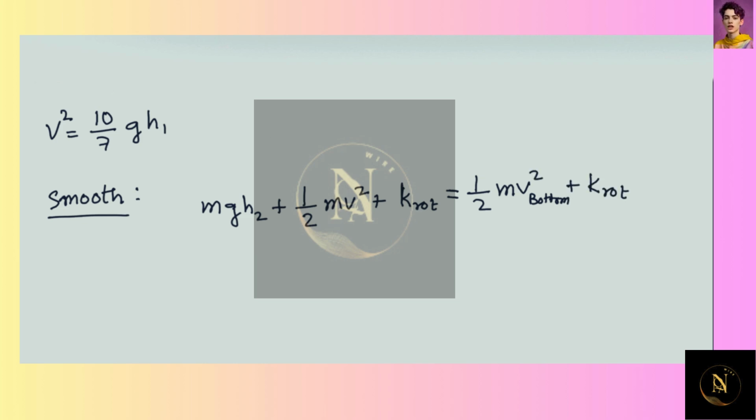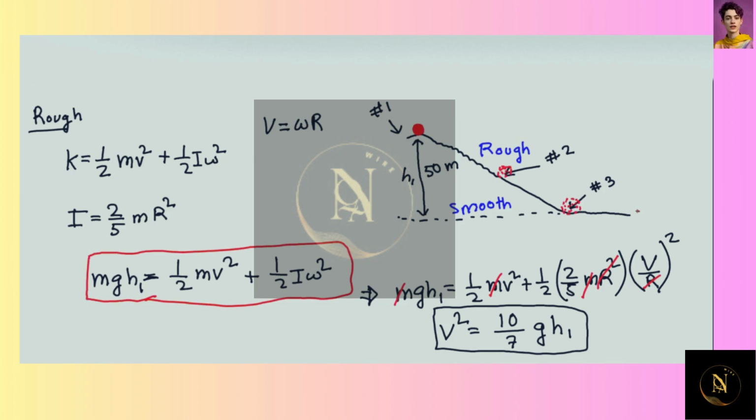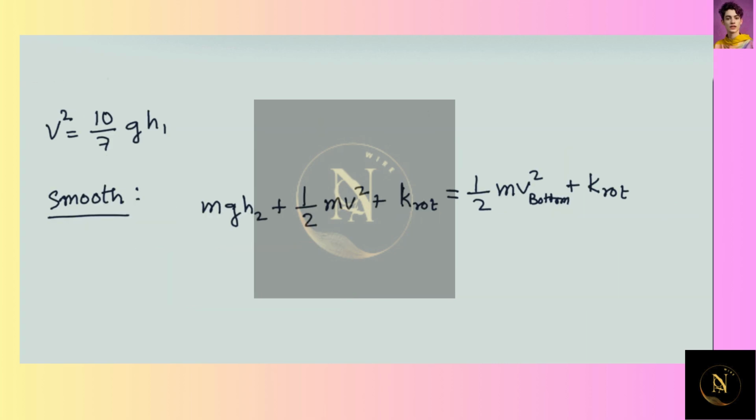There's no potential energy because we're setting this as 0, so y equals 0 at the bottom, y equals h2 at this point, and y equals h1 at the top. The reason we didn't write the explicit expression for K rotation is that, since it's going through the smooth surface, we'll have rotational kinetic energy on both sides, so we can get rid of it.